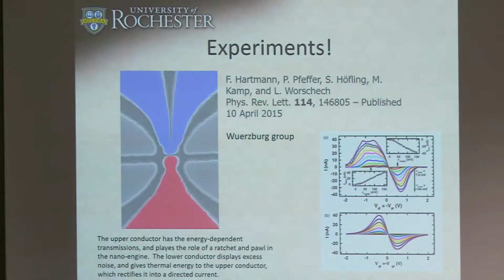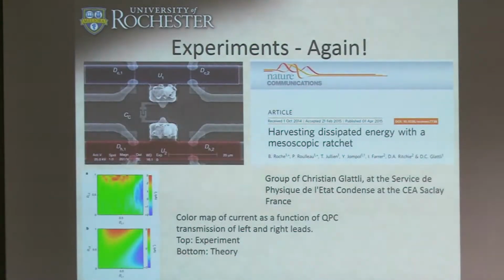It's kind of funny. However, there was also this experiment, published almost exactly the same time, by the Christian Glattli group in France. Here they did a little better with heating. They heated this lower channel by applying a current through it, just using ohmic dissipation to heat up this region here.